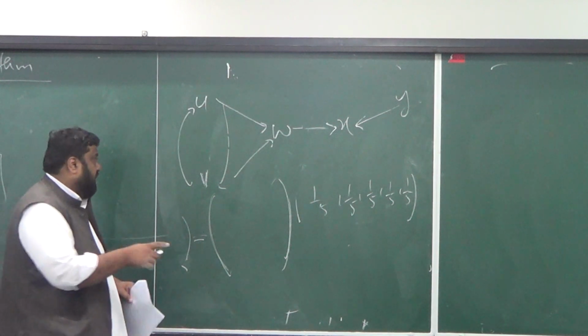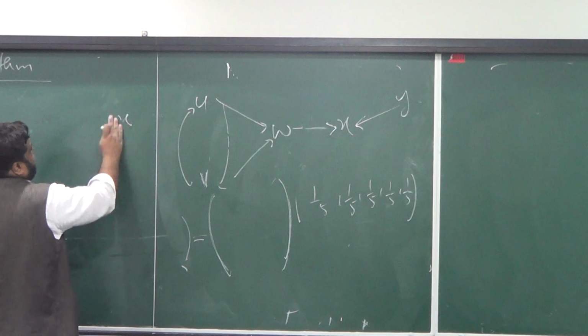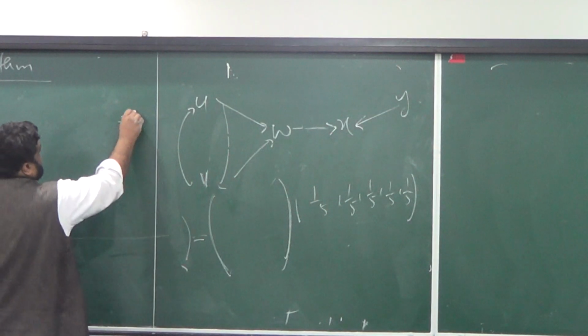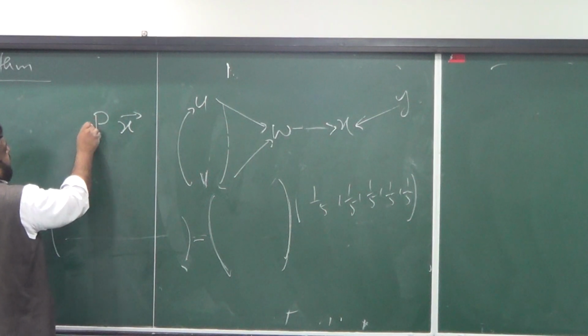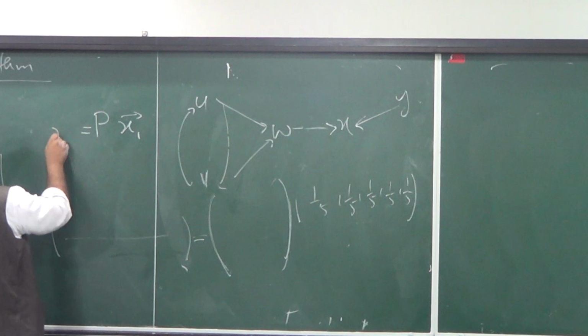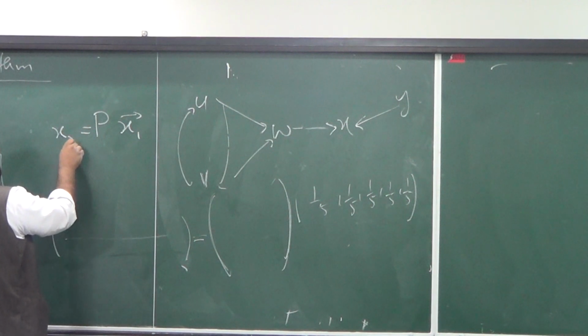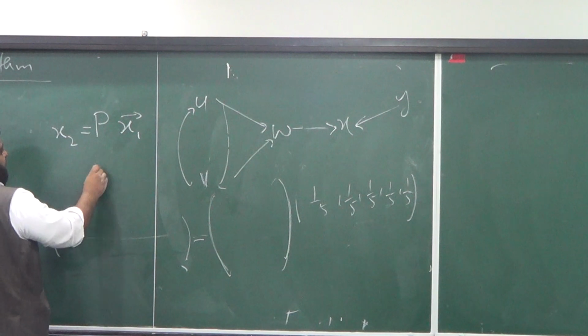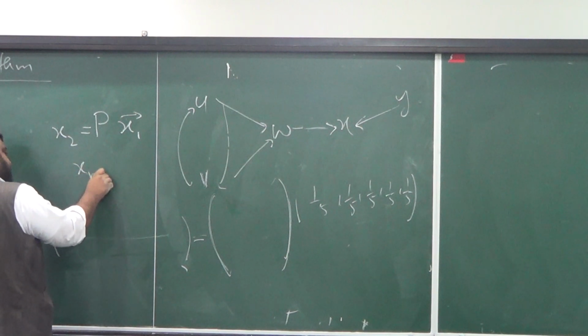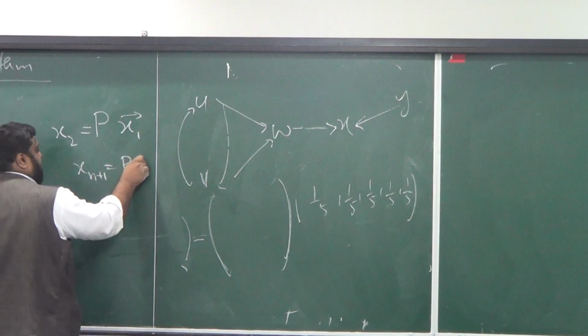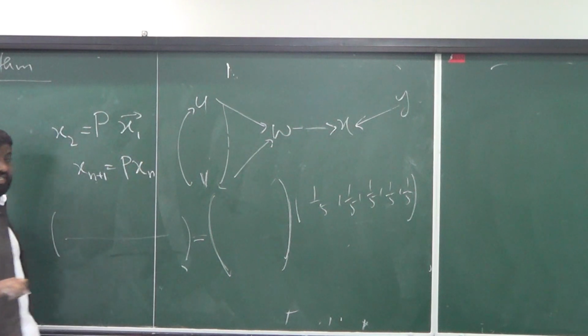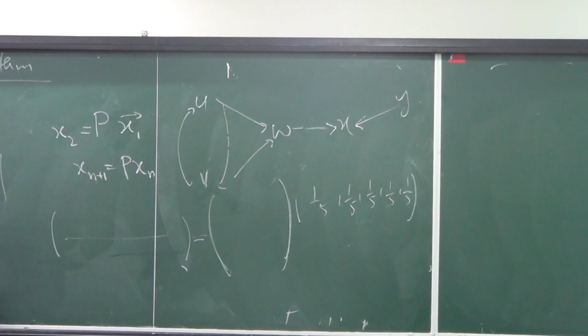Here's the thing. You start with, say, vector x1, multiply it with the transition matrix P, and you get x2. Multiply x2 with P. In other words, get x_{n+1} by multiplying P with x_n. So you apply this algorithm.